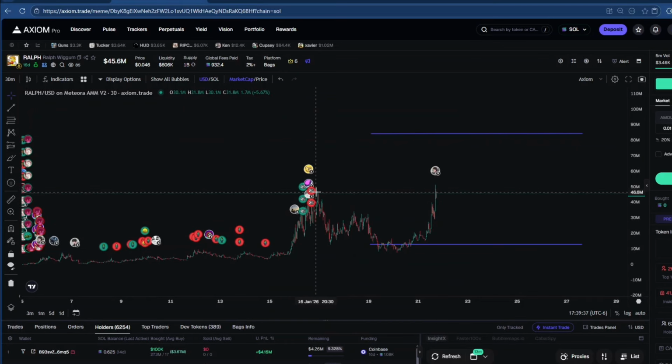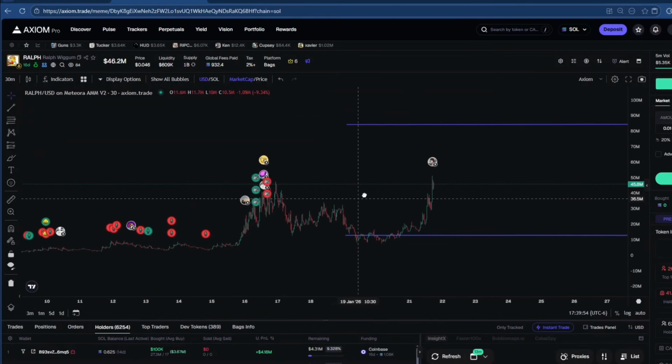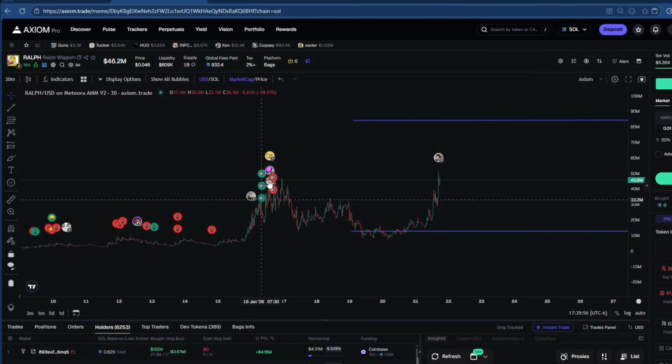So in one day it went up 10x, and it went from 47 all the way down to 13 the next day. So we had a bounce that went up to 34 mil, and then a bounce that went down to 8 mil. Looking at the historical pattern of this chart, it went up 10x basically, and then went down pretty much 4x or 5x, whatever you guys want to say.